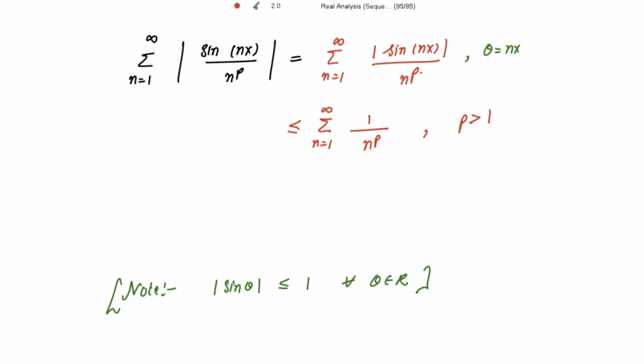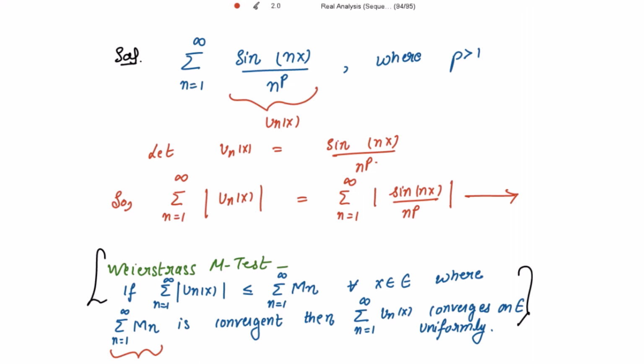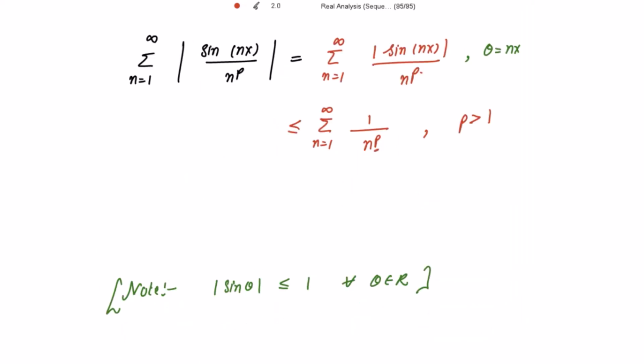So now I am going to use that important remark, that the infinite series 1 over n to the power p is convergent if and only if p is strictly greater than 1. So here I am having p strictly greater than 1, so by that remark we say that this series is convergent. And this is nothing but your M_n.